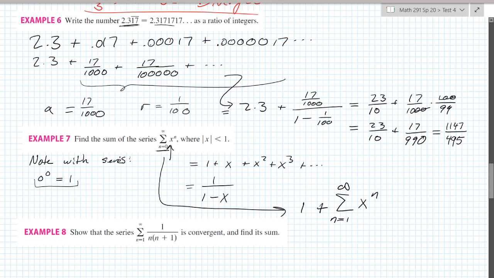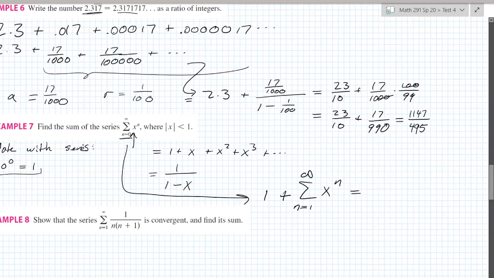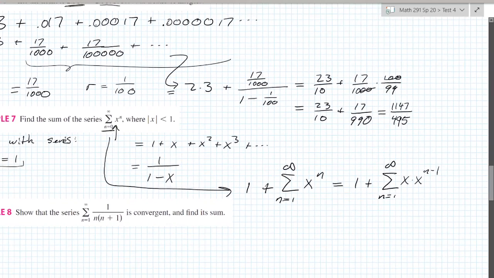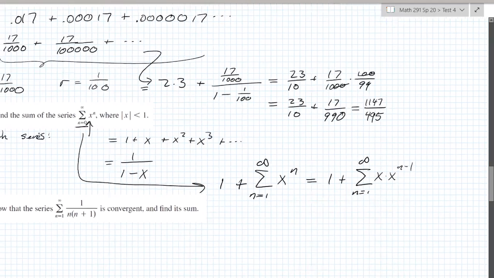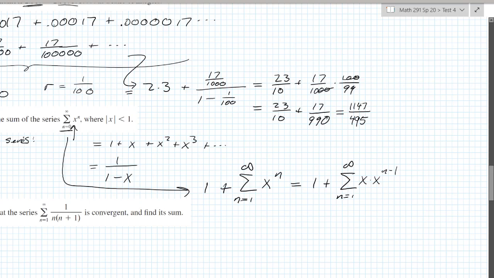We want it to be x to the n minus 1. So if we want that, we could go 1 plus the sum from 1 to infinity of x times x to the n minus 1. Now it looks more like the definition that we used previously. And you're just going to have 1 plus a different fraction, which will simplify to what we just got.